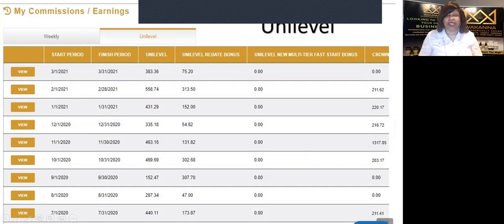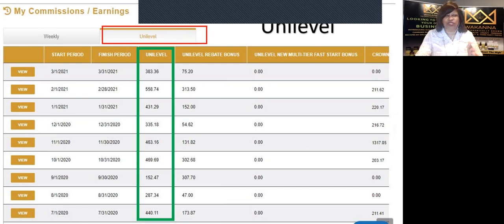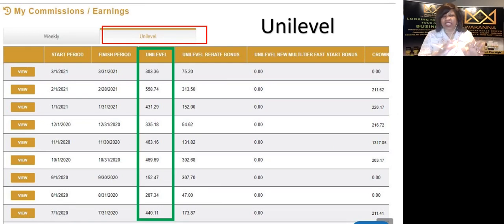Now, the next tab is called Unilevel. What is Unilevel? It has a bunch of tabs when you go to it. We've dealt with weekly. Now we're under Unilevel, because when you go to earnings history, remember there are 2 tabs. One's weekly, one's Unilevel.